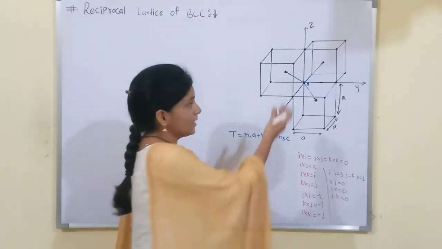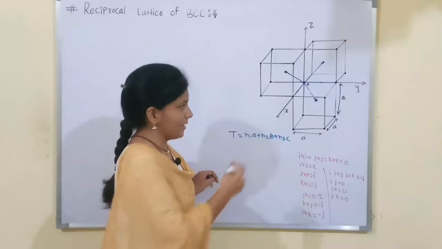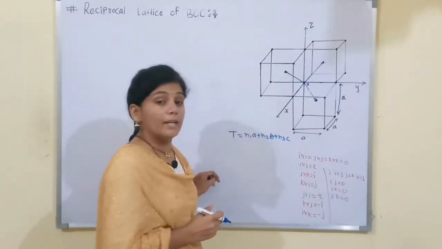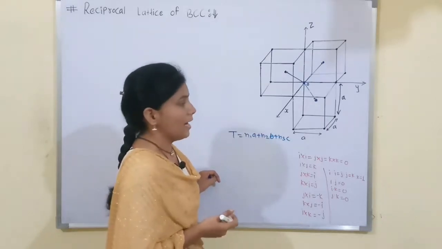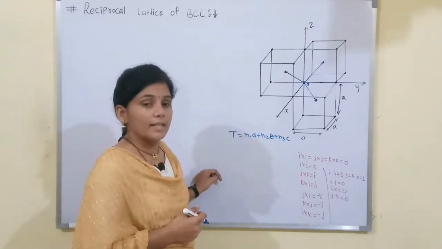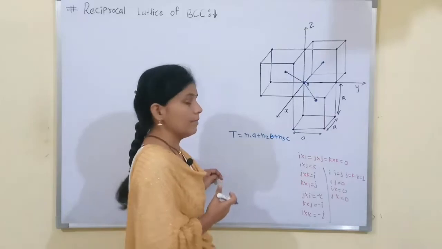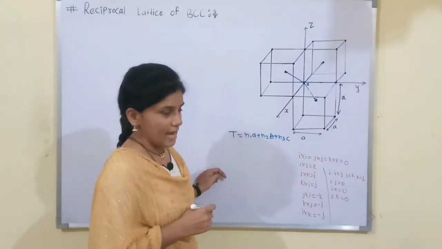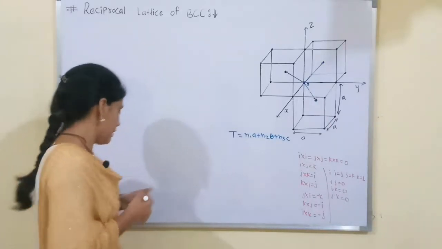In this we have the unit cell. For this unit cell we have primitive translation vectors. For the body centered cubic crystal system we will consider the primitive translation vectors A dash, B dash and C dash for the calculation.